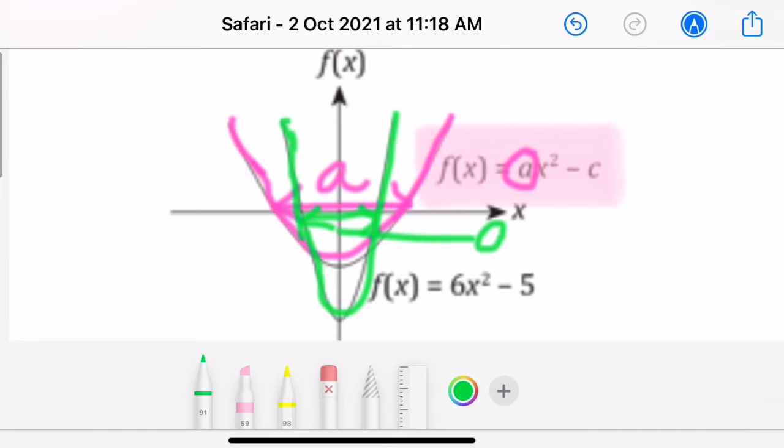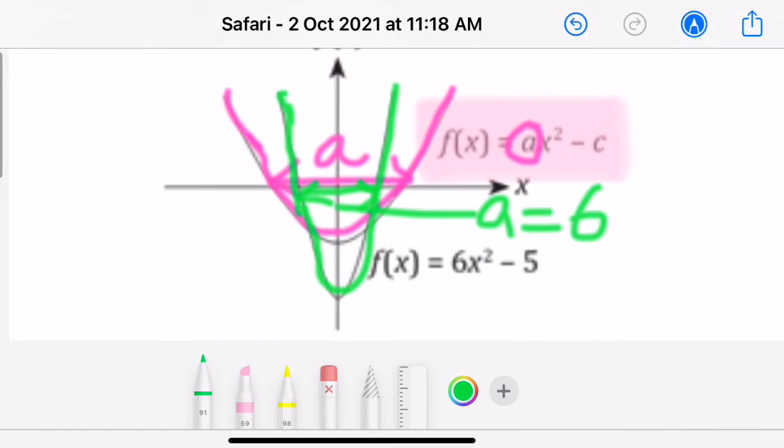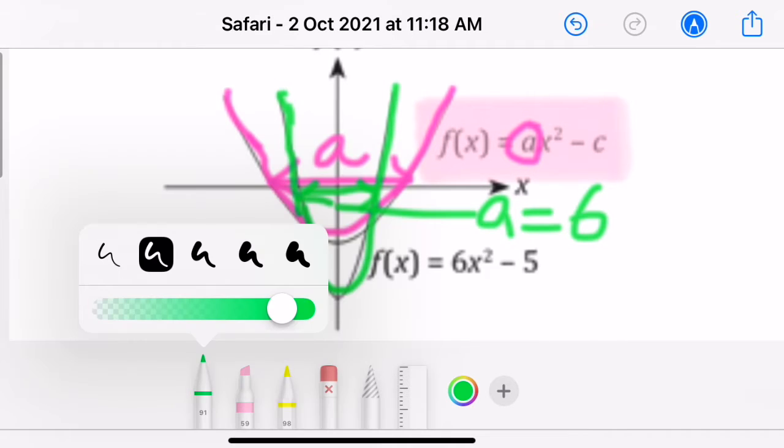This one, a is 6. So it seems like this one is wider. So if the spread is wider, a should be smaller.